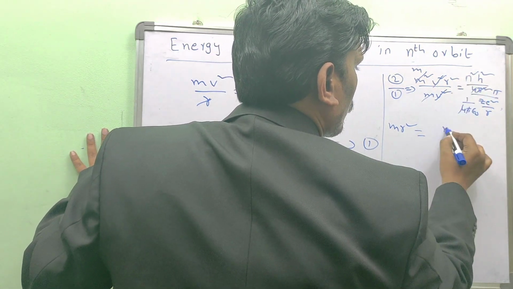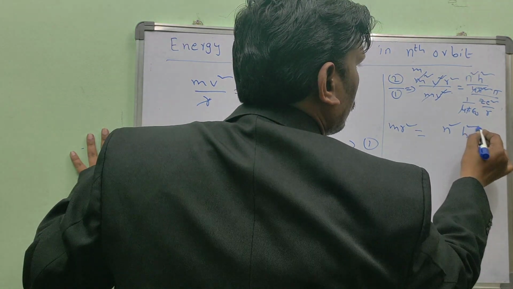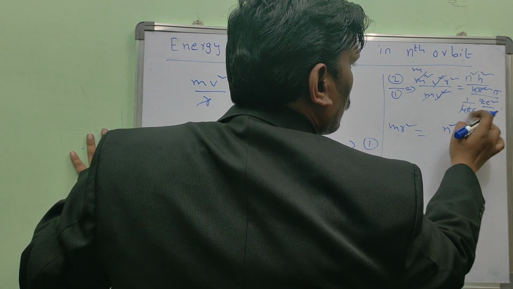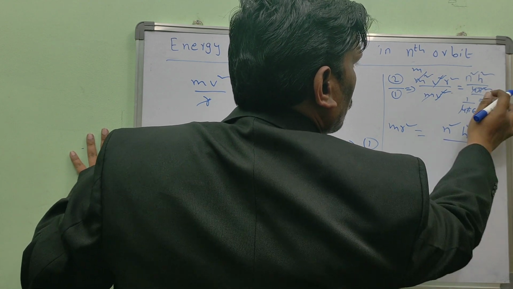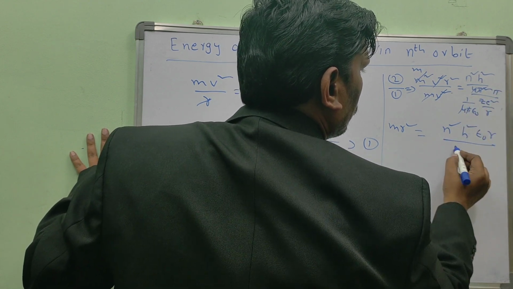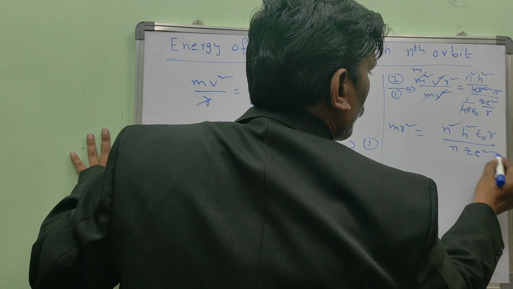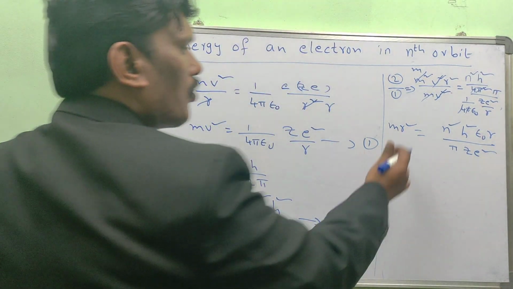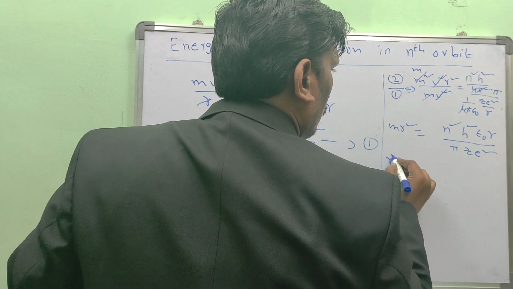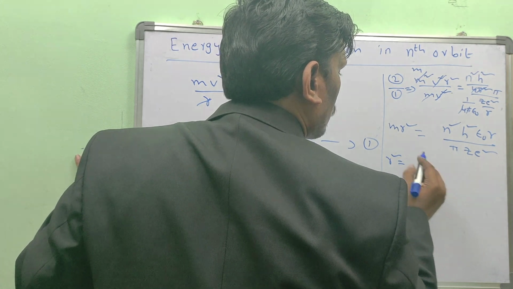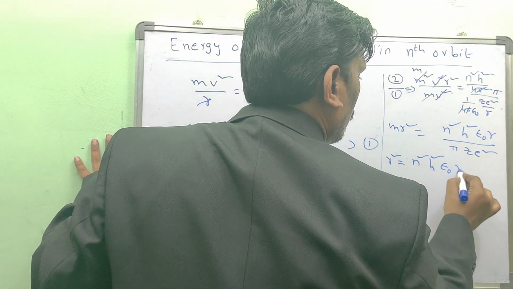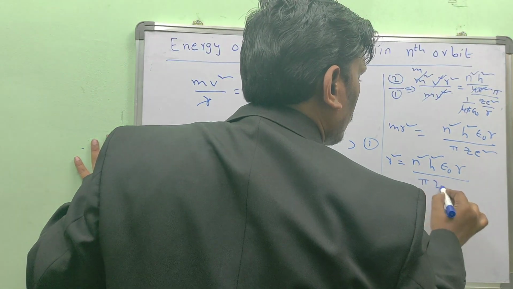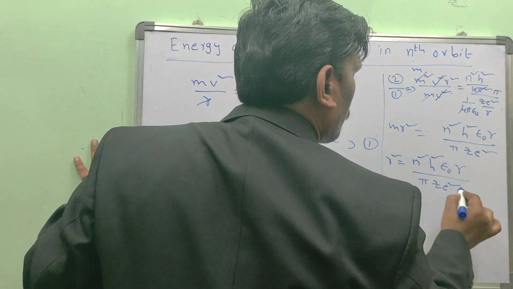Here what happened? n square h square, and this epsilon naught r goes to the numerator: epsilon naught r by what remains here? pi Z e square. Now m transposes to the other side. r square is equal to n square h square epsilon naught r upon pi Z e square into m.